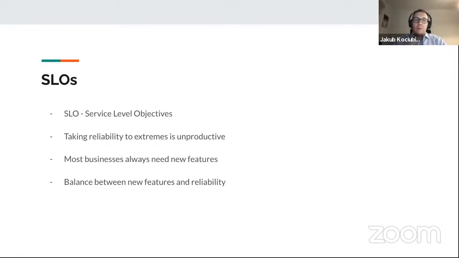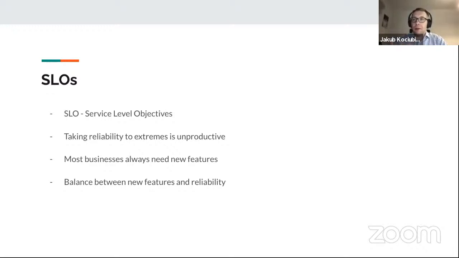So most businesses always need new features, and this is why we need to define the baseline of reliability that the business is willing to tolerate. Because if we decide that we want to ship new features, and most businesses always want to ship new features, then we should say, okay, our reliability will be this, and we will try to stick to that.